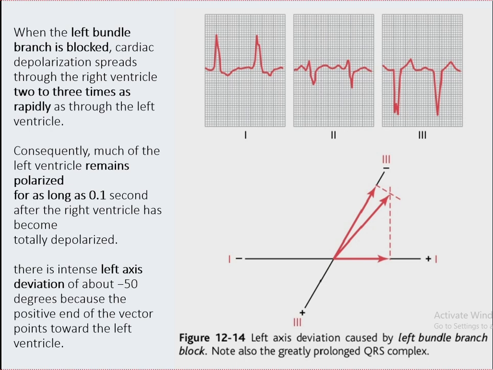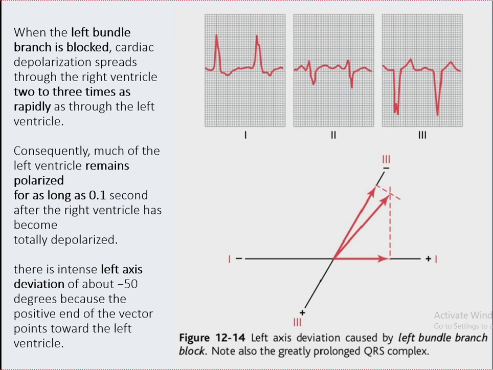Let's look at some pathological cases before we close. For example, if the left bundle branch is blocked, I want you to imagine where these bundle branches are. When the impulse comes from the AV node, most of it will first go through the right bundle branch. It means the right ventricle will get depolarized fully before the left ventricle.